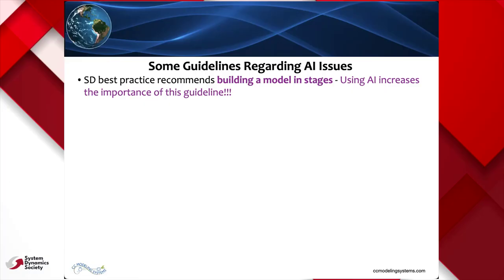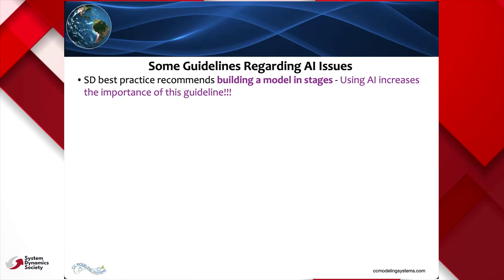Did it define all the components right? Did it label them all right? If you don't do that in stages, artificial intelligence can get away from you very fast and you won't know what your model is.